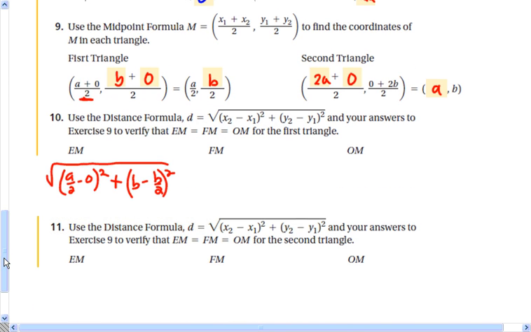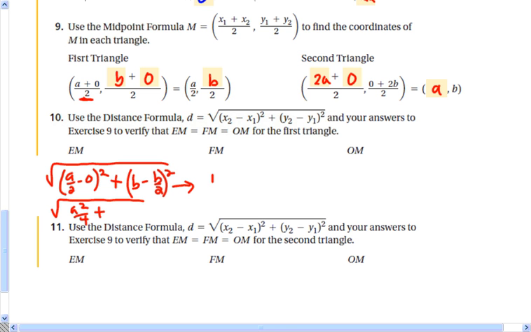Now check out what happens here. We get a over 2 minus 0, which is the same as a over 2, and when we square that, we get a squared over 4, plus, and now with these b's, here's what I'm talking about. We actually have 1b minus 1/2 b, which gives me 1/2 b.